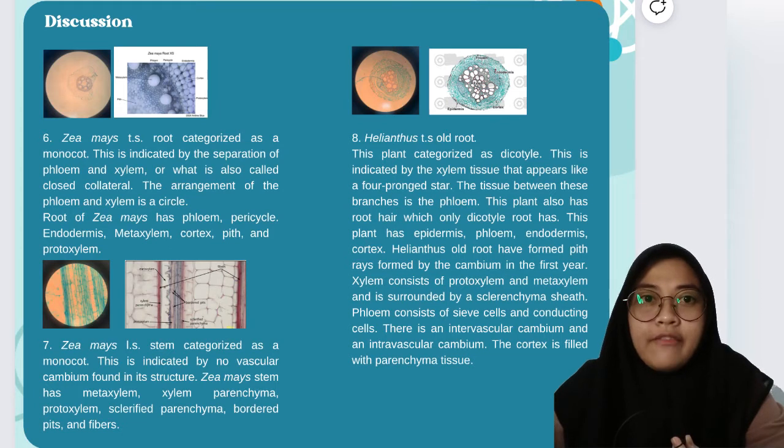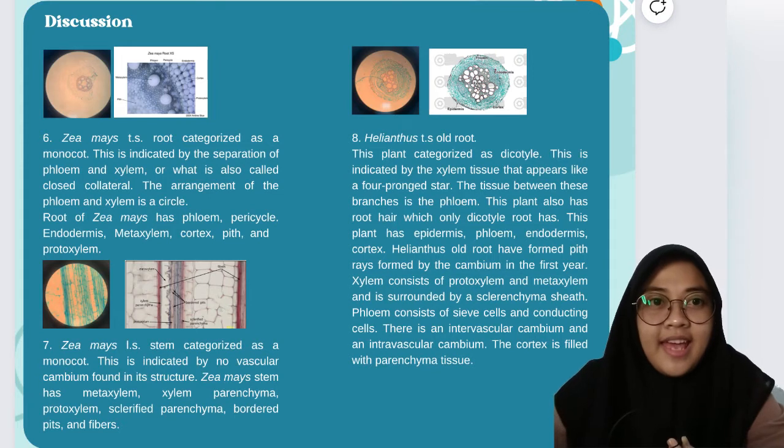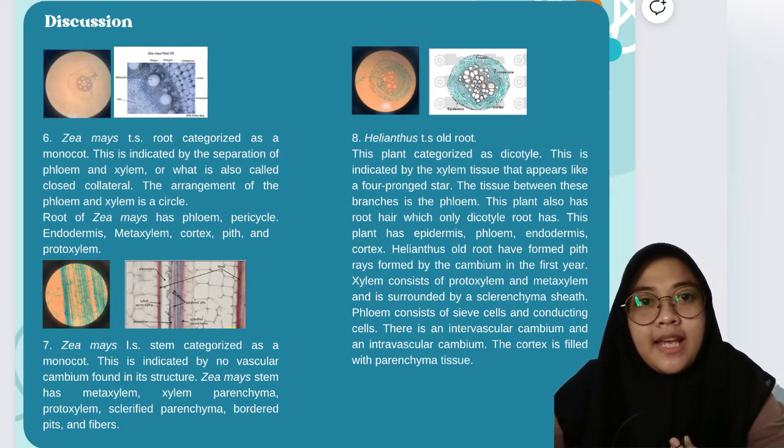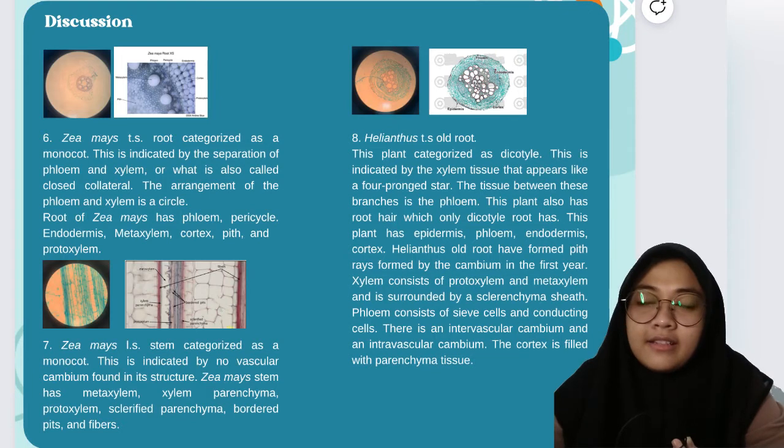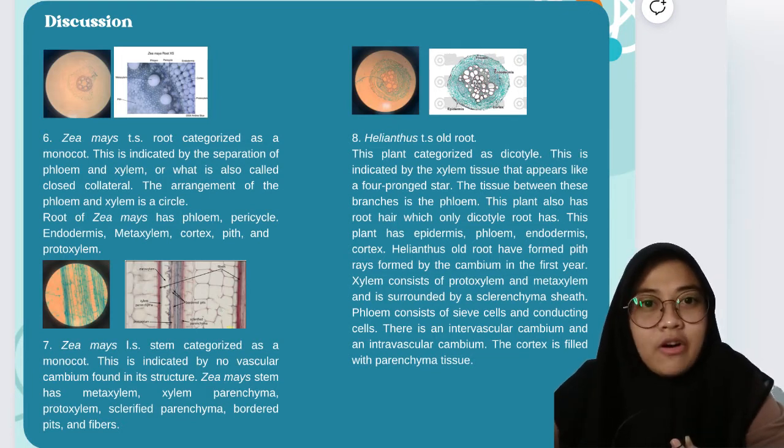Helianthus old root has pith rays formed by the cambium in the first year. Xylem consists of protoxylem and metaxylem, and is surrounded by a sclerenchyma sheath. Phloem consists of sheath cells and conducting cells. This is an intervascular cambium. The cortex is filled with parenchymatous.